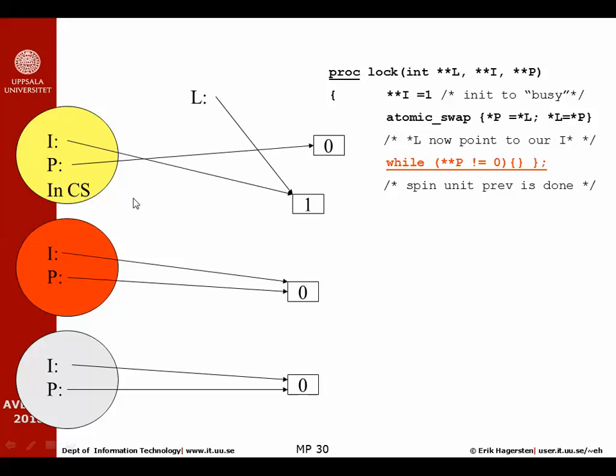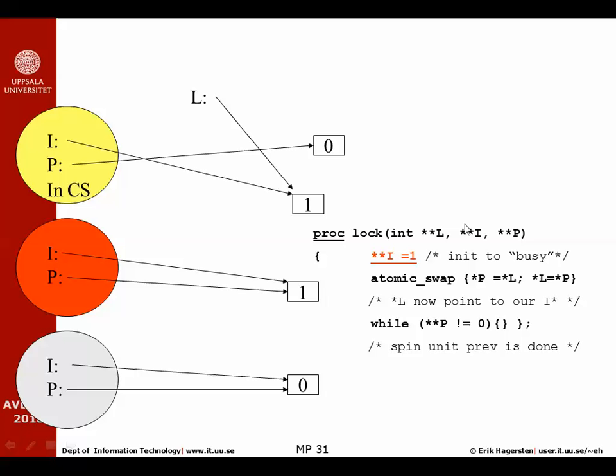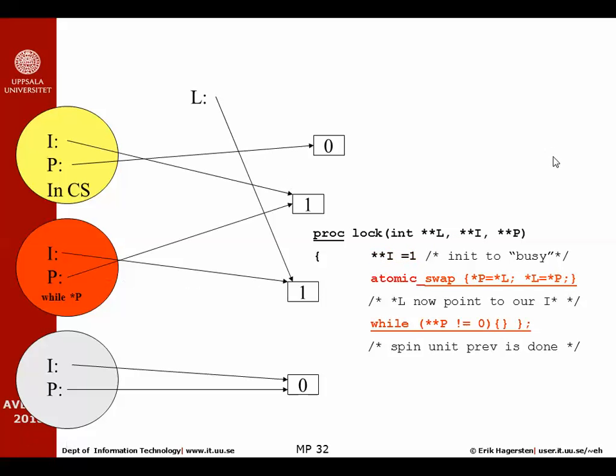It will do atomic stuff in the critical section. While it's in the critical section, the red thread wants to get into the lock. So it will perform the same operations using its data structures. It will set its memory location to 1. It will do an atomic swap, and then we'll keep waiting while whatever P is pointing to is not equal to 0. Well, that's bad news. The lock is busy now, so it will keep spinning there.